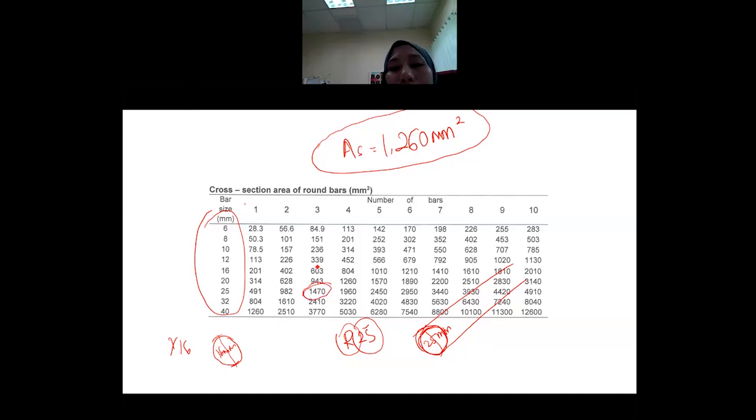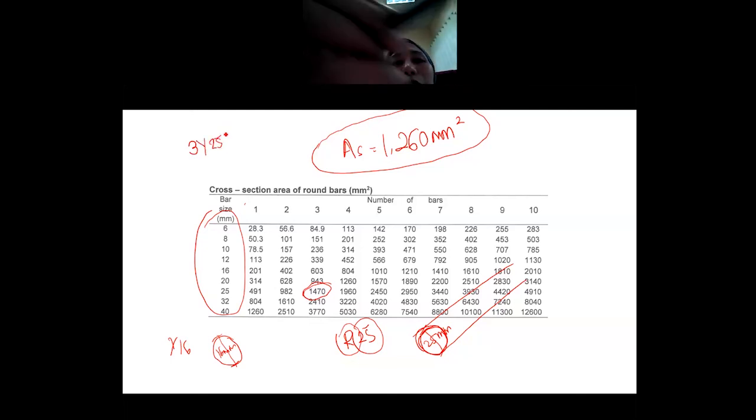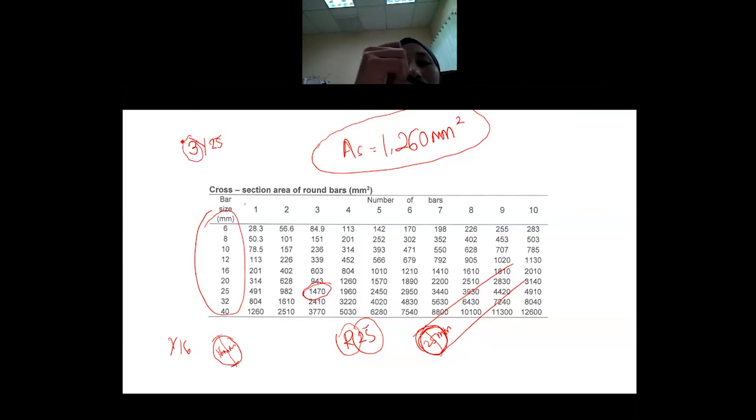And I know that I'm going to use the high yield steel ataupun high tensile steel. So, I pun tulis 3Y25. So, orang akan tahu you akan pakai 3 numbers of bar, high yield steel, and 25 mm diameter. Okay. Any question on this?